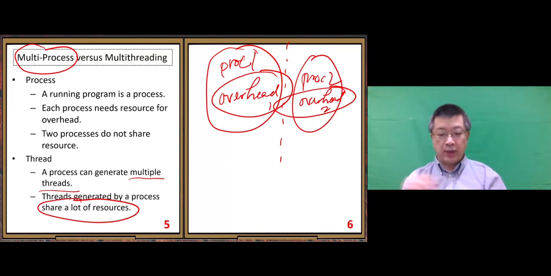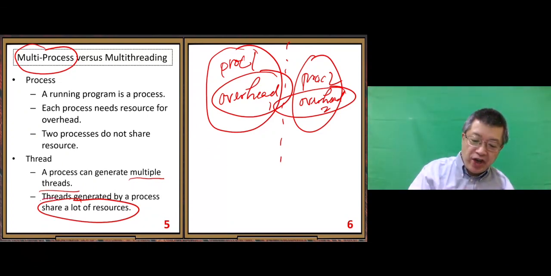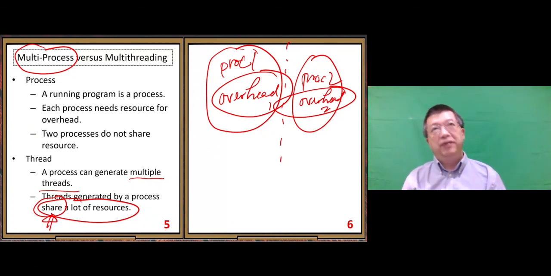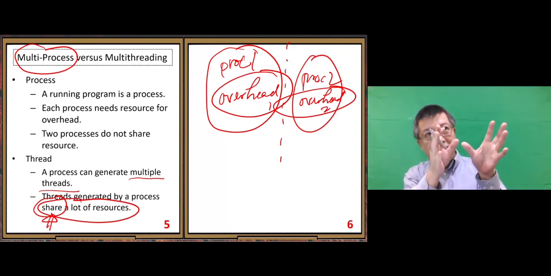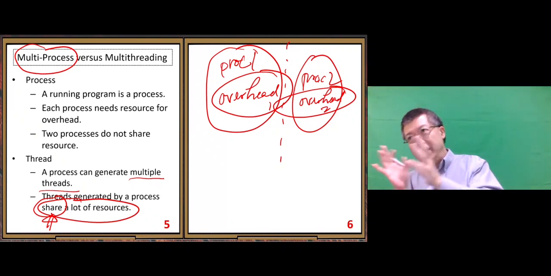But when you see this word share, there is a security issue. You need to protect the user's data, because one thread corresponds to one user, and another thread corresponds to another user.